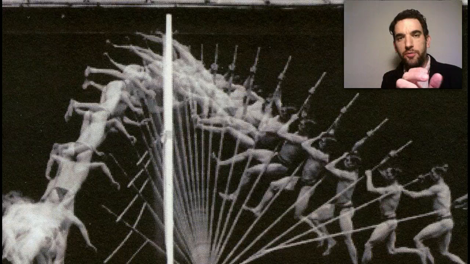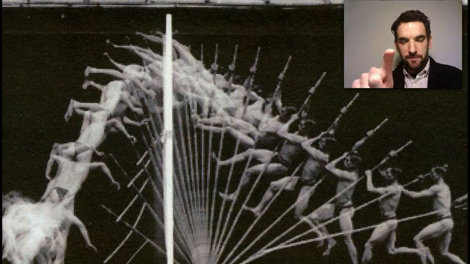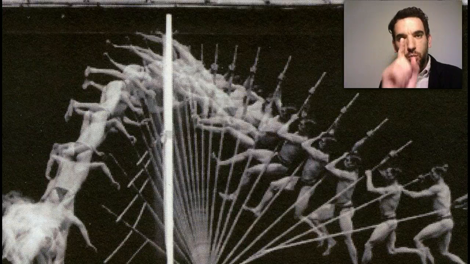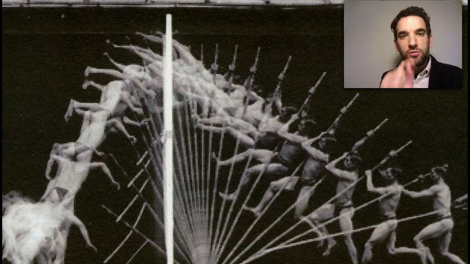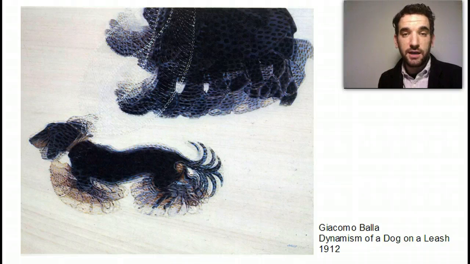So what Muybridge did, the guy with the horse, he took a bunch of different single photographs and strung them together. What Marey is doing here is putting all of that information in one thing. And by doing that, he has given rise to a new kind of visual vocabulary. This is the kind of visual vocabulary that I'm talking about.